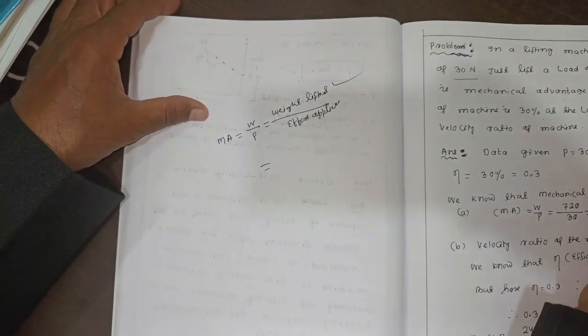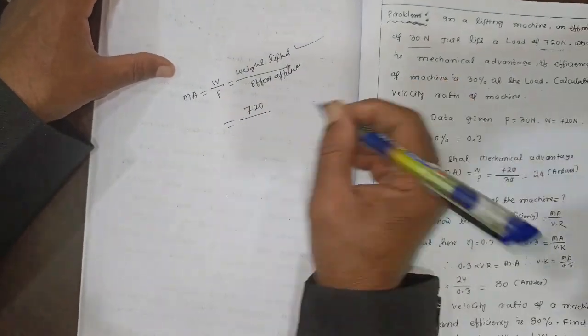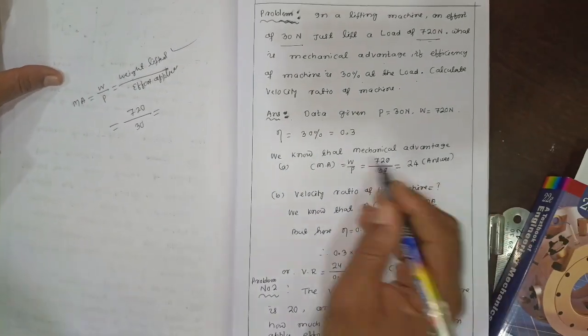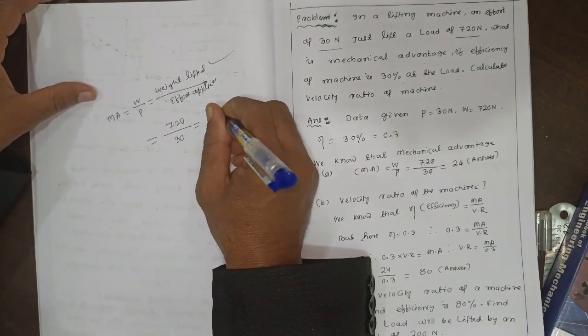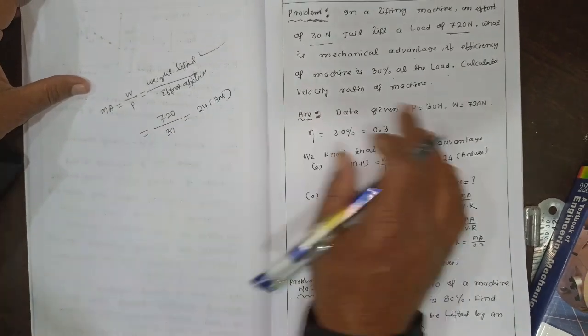Weight lifted is 720 divided by 30 Newton, which is equal to 24. This is the mechanical advantage.